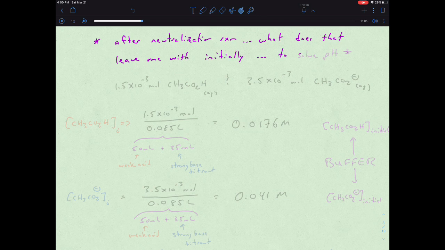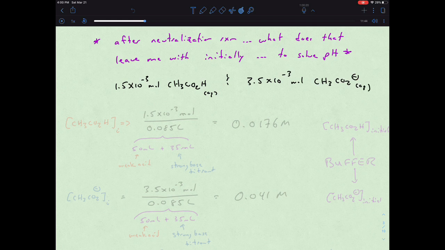And that's now to solve for the pH. So we're basically back to question one as far as what I have initially. In this case, I have both of those components: the 1.5 times 10 to the negative third moles of our parent acid, and 3.5 times 10 to the negative third moles of the conjugate base, acetate.